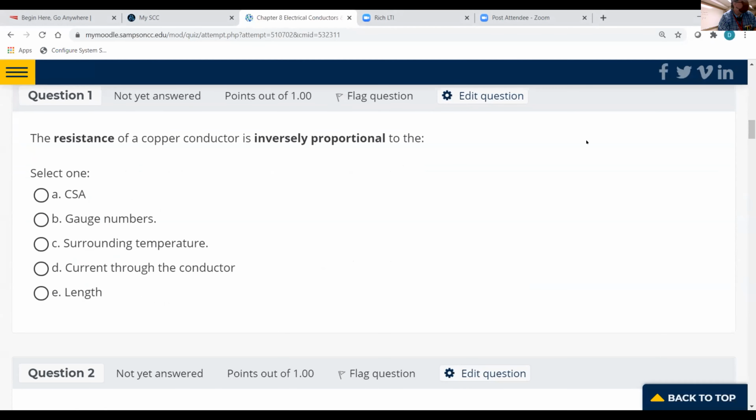Now, let's just go through some of these. I want to hit the high spots on the ones that can really be a problem for y'all, okay? So the resistance of a copper conductor is inversely, or opposite, proportional to what?